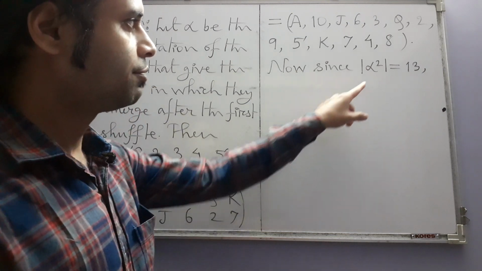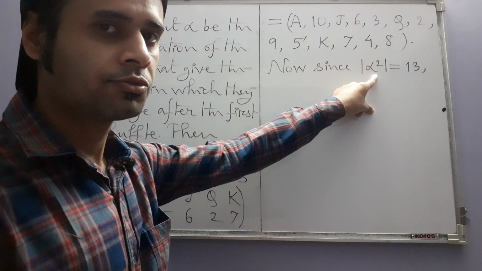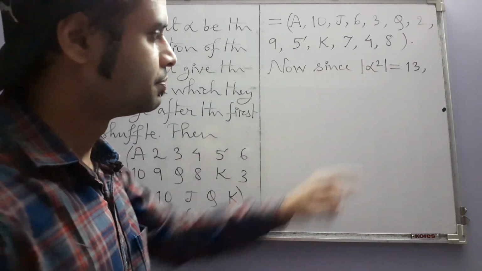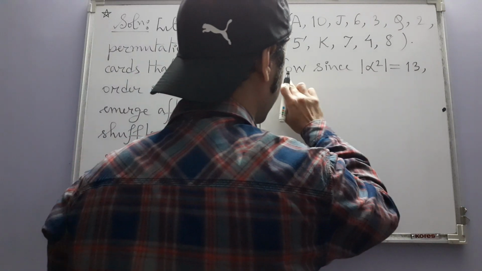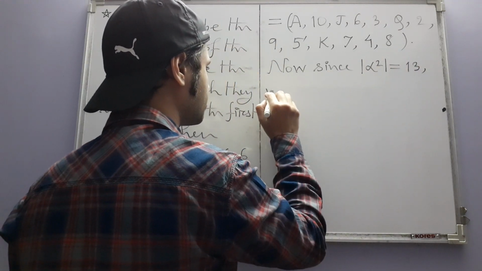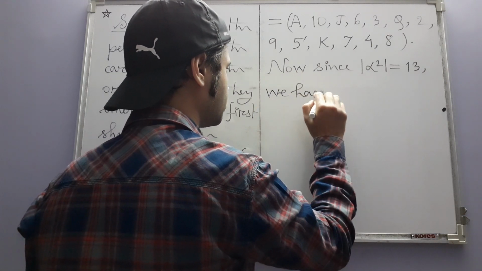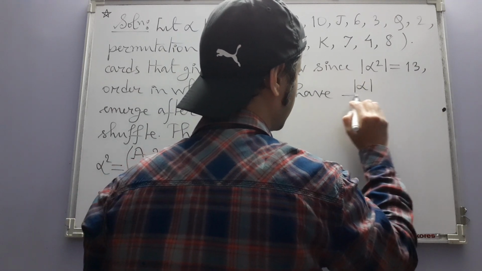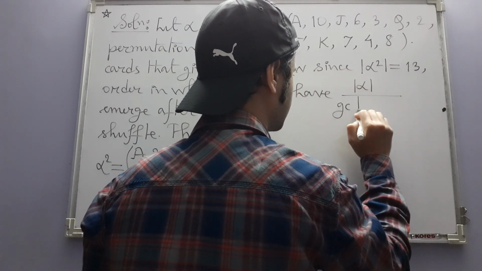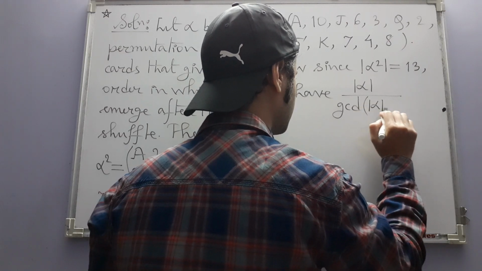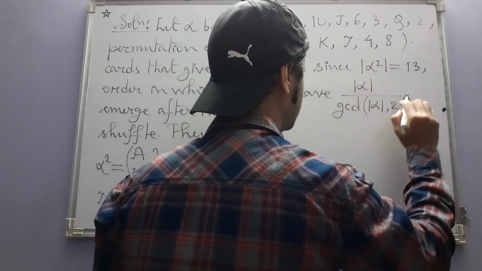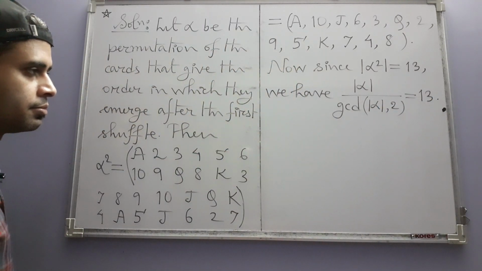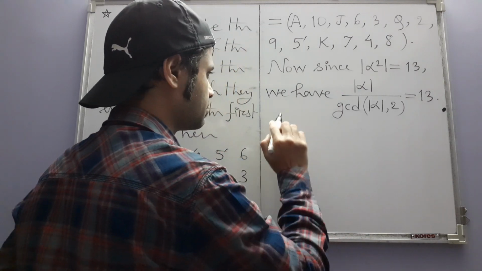But also recall that we know a formula for finding out the order of alpha square in terms of the order of alpha. So that's why we write like this. Since this is 13, we have, and that formula is this: the order of alpha divided by the greatest common divisor of the order of alpha and the exponent 2 should be equal to 13.